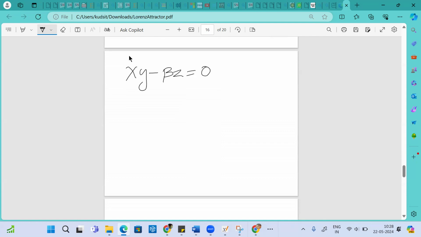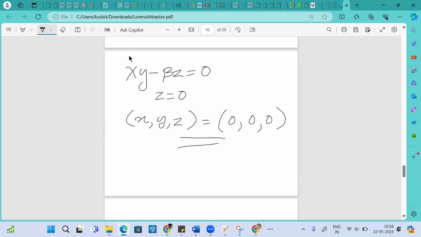Then substituting x and y equal to 0, we get z is equal to 0. So we get the first fixed point as 0, 0, 0. This is our first fixed point.